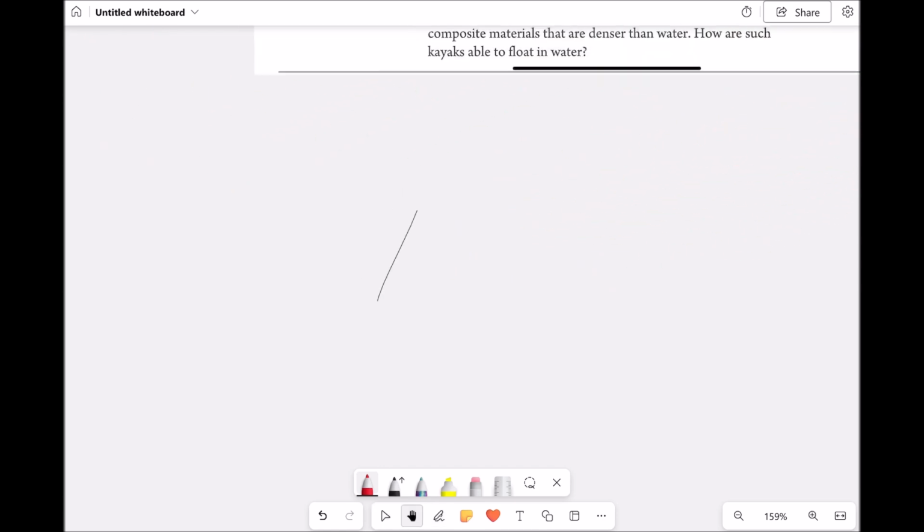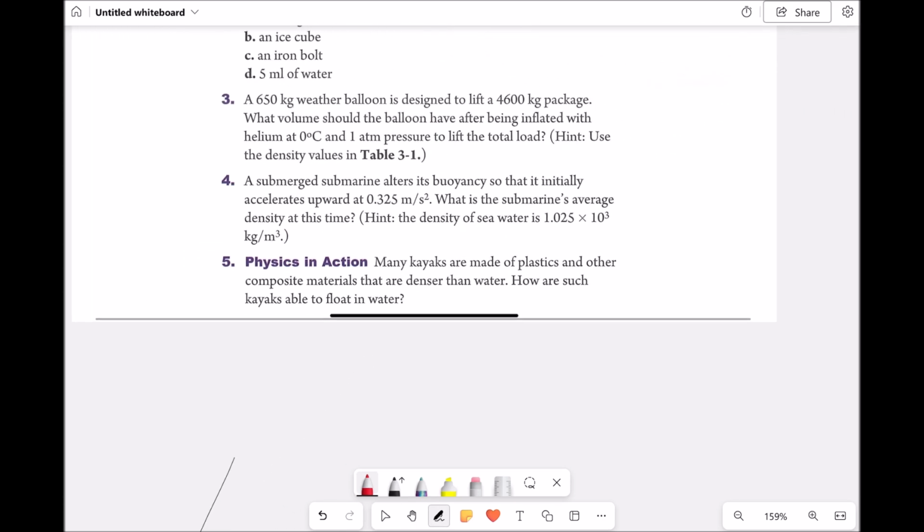You have the last question, physics in action. Many kayaks are made of plastics and other composite materials that are denser than water. How are such kayaks able to float in water? Now, guys, first of all, the real density of all of these kayaks is the density of all the materials that are used to make this kayak, okay?